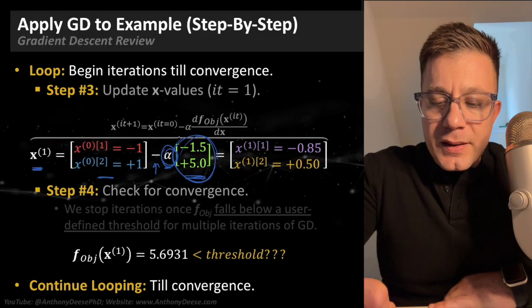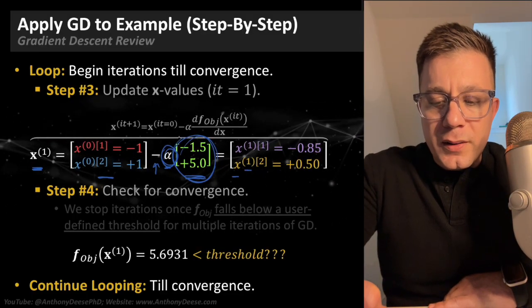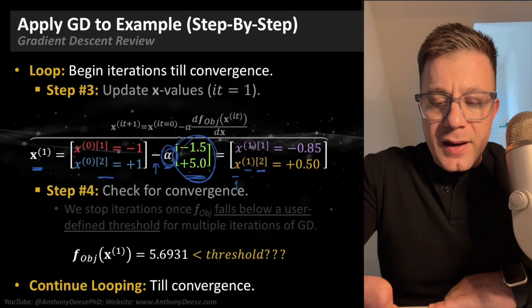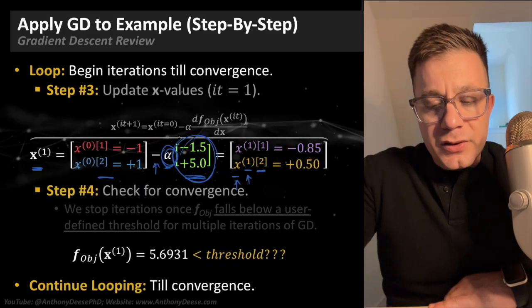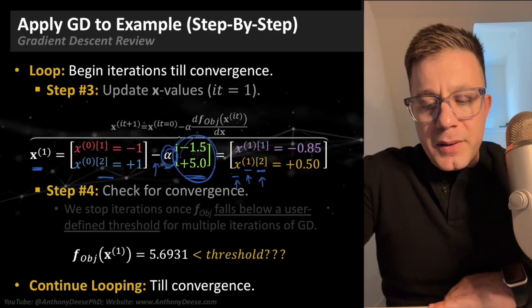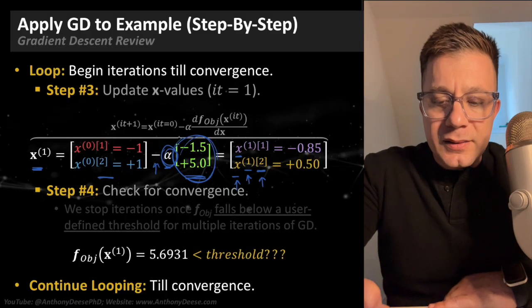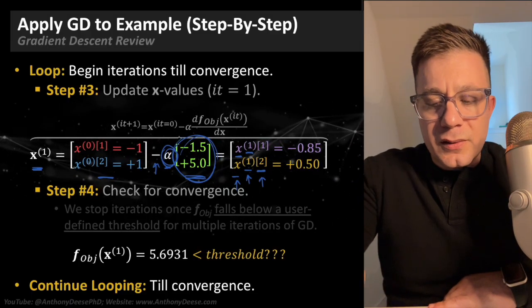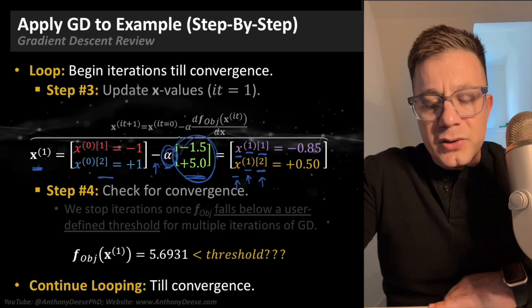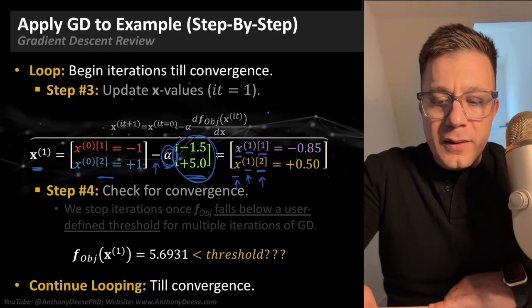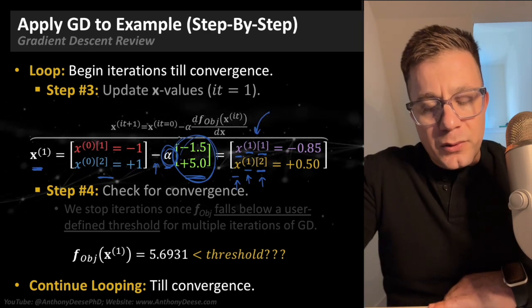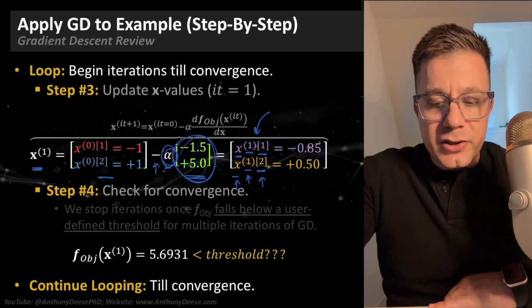Here we see x parentheses superscript 1, bracket superscript 2. So this is the x variable for the first iteration, element number 2. Same thing up here, x parentheses superscript 1 is the first iteration, and bracket superscript 1 is the first element. Note that the first iteration is after the 0th iteration using our notation.